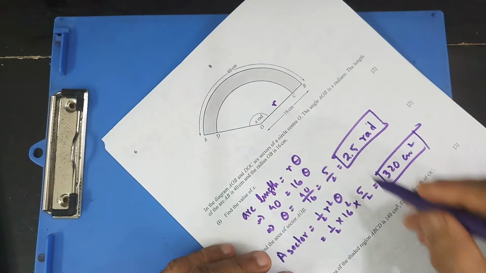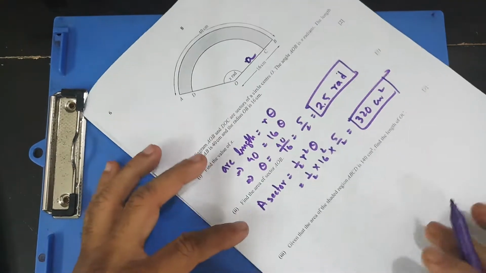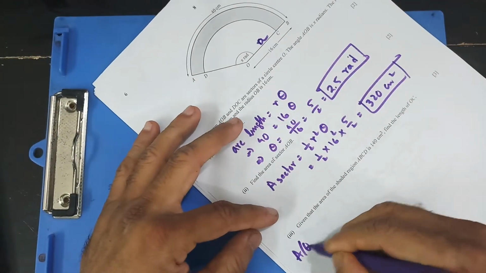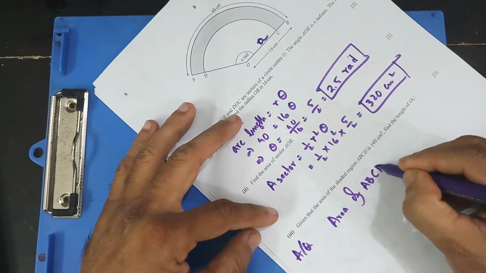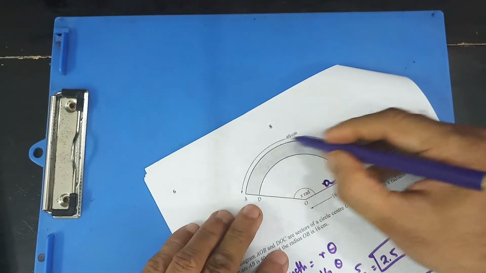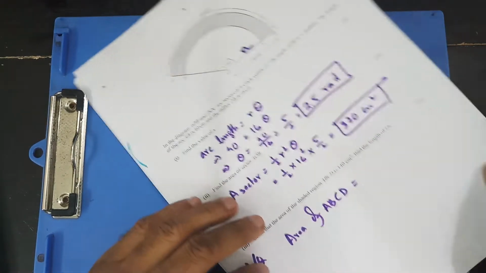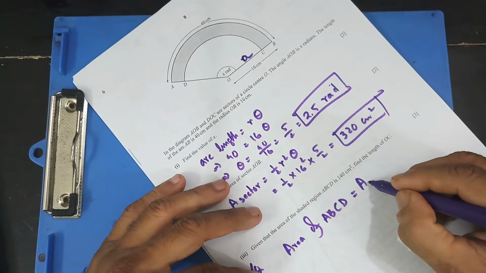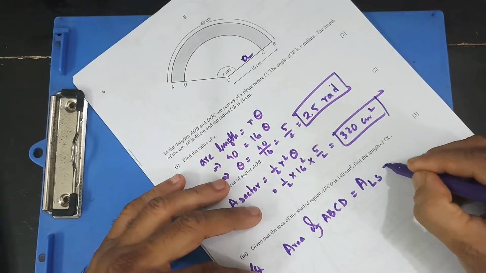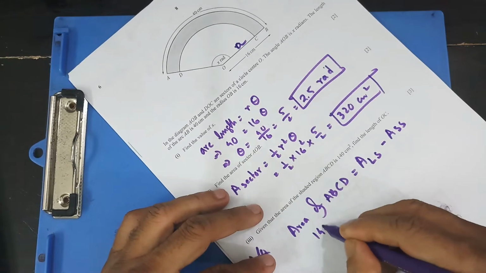I haven't used r anywhere, so I can use, actually I did, so let's put that A. According to the question, the area of ABCD, the shaded area, is the area of the bigger sector minus the area of the smaller sector. So area of large sector minus area of small sector is given as 140.